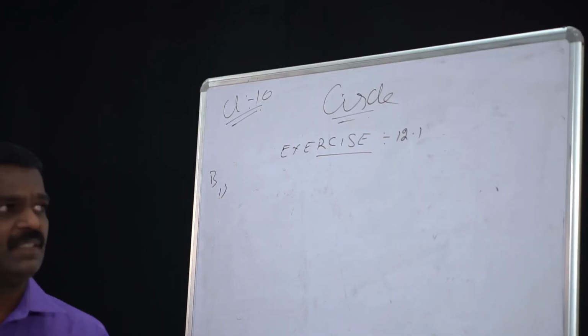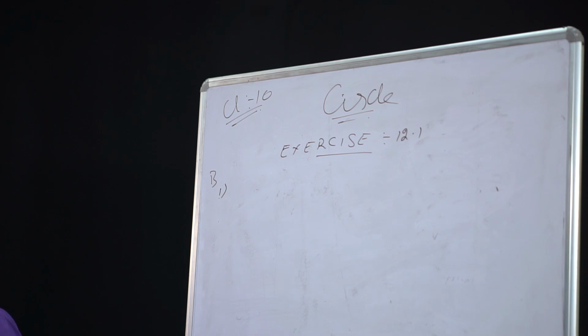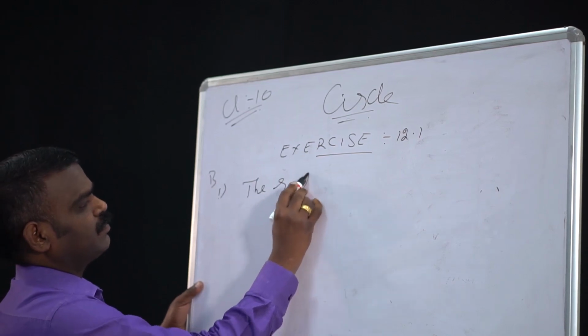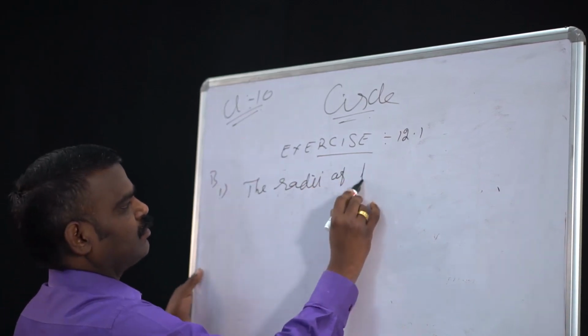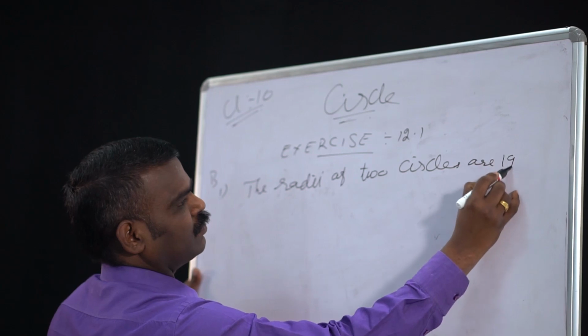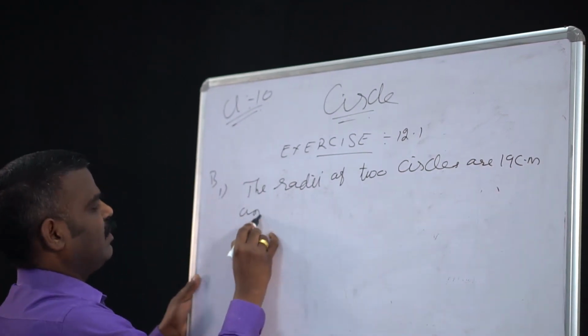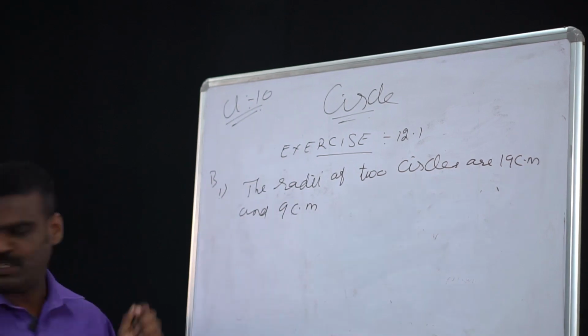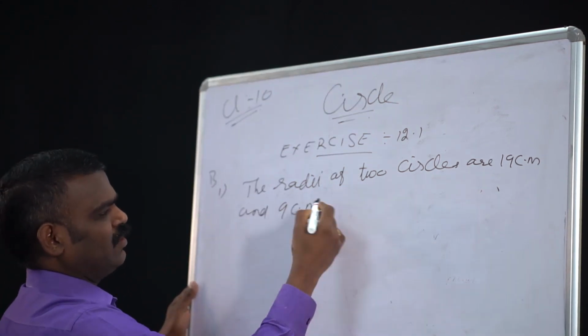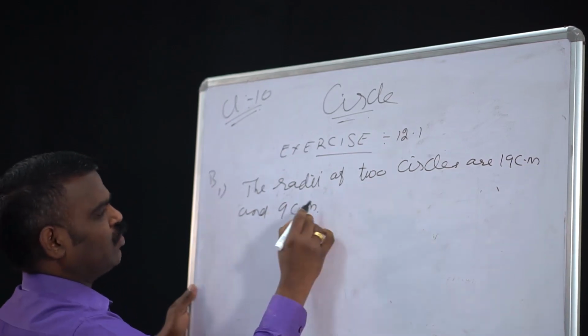Now we will enter the exercise. The question tells: the radii of two circles are 19 centimeter and 9 centimeter respectively. In your textbook you can see the word respectively.